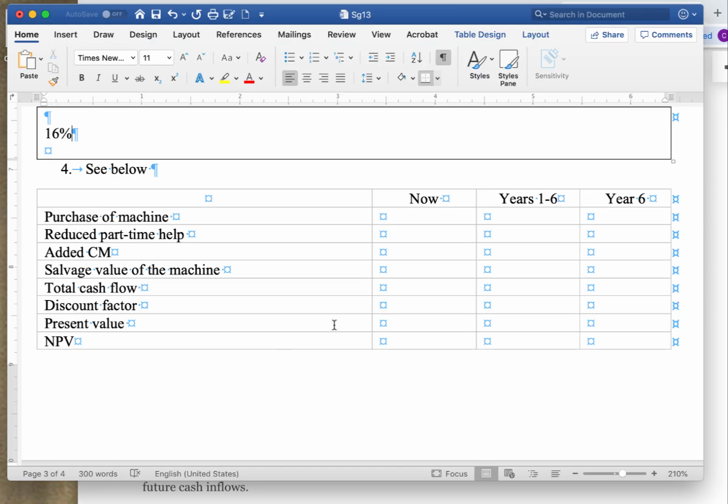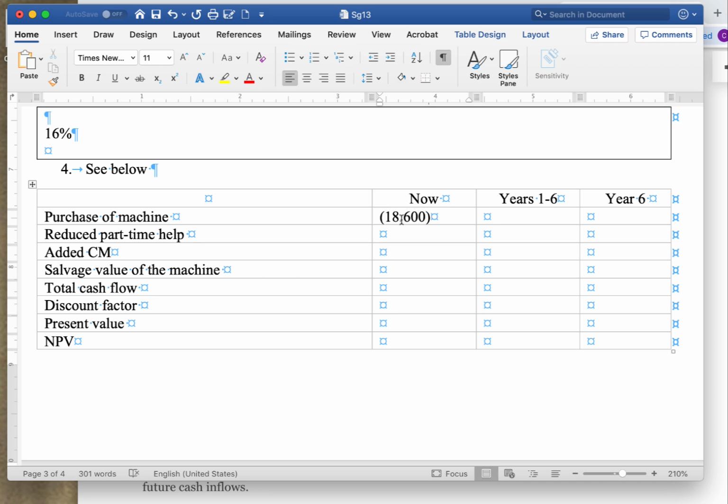And here's how we're going to do that. We're going to put in how much we're shelling out, right? So we purchase a machine, and we know that's $18,600.